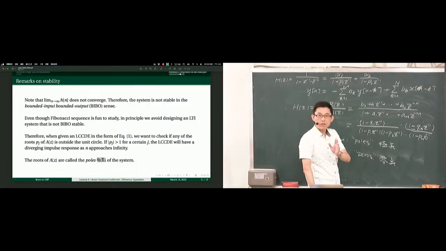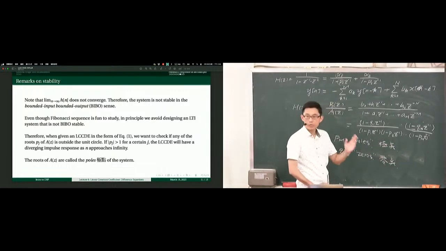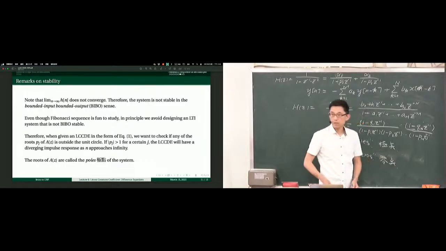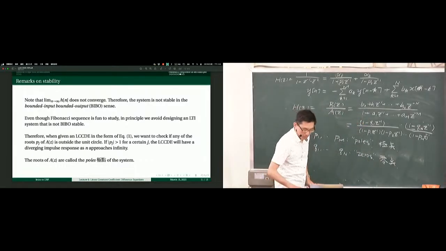Whenever you receive a linear difference equation, check whether all the poles are inside the unit circle. If they are, you are sure that the system can be implemented in a causal and stable manner. When you implement the system in a causal manner, the system will be stable. Okay? There's nothing to worry about.